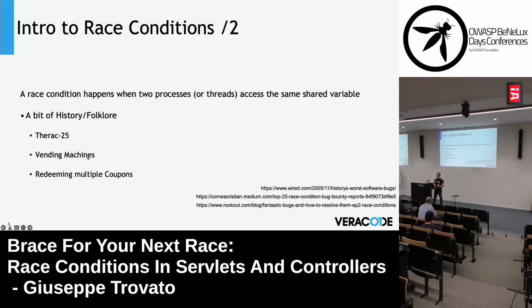So, a bit of history. I don't know if any of you have heard of this Therac-25, but it's said to be one of the worst bugs in history, when a radiation therapy machine was controlled using the same variable, and the same variable was used to manage the user input into the device, and at the same time to measure the radiation given to the patient.